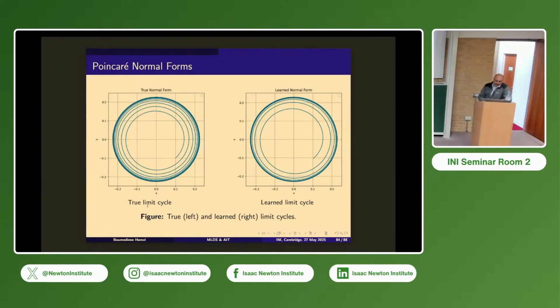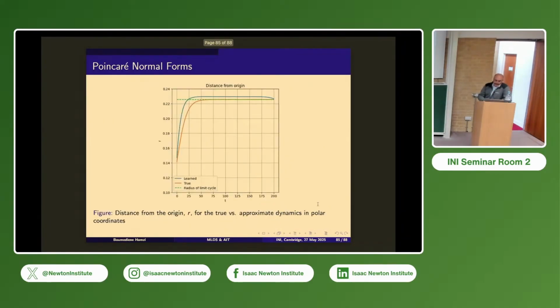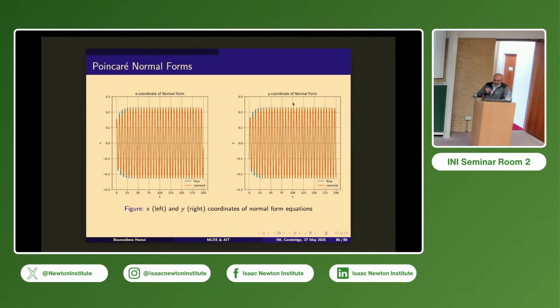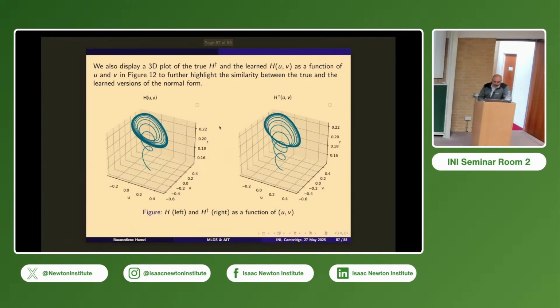This is the true limit cycle, and this is the learned limit cycle using kernel methods. And that's the radius of the limit cycle, true versus learned versus approximation. And this is the evolution of the dynamics over time. This is the 3D representation of the limit cycle.